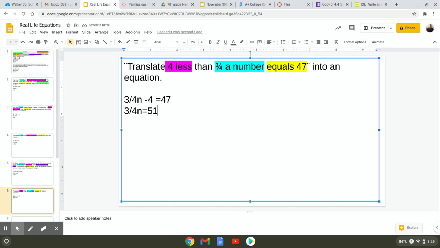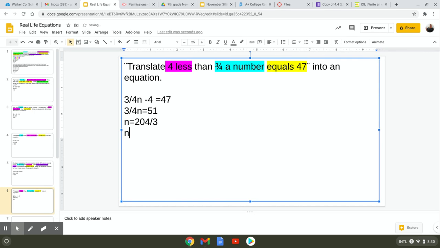Then we know that we need to get rid of that 3/4. So we're going to flip it and multiply both sides, which is going to leave us with n is equal to 51 times 4 is 204 divided by 3.